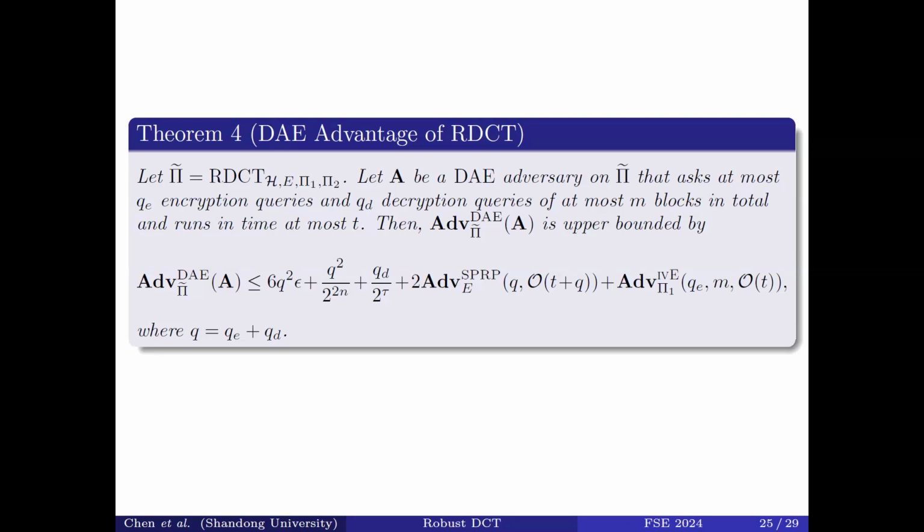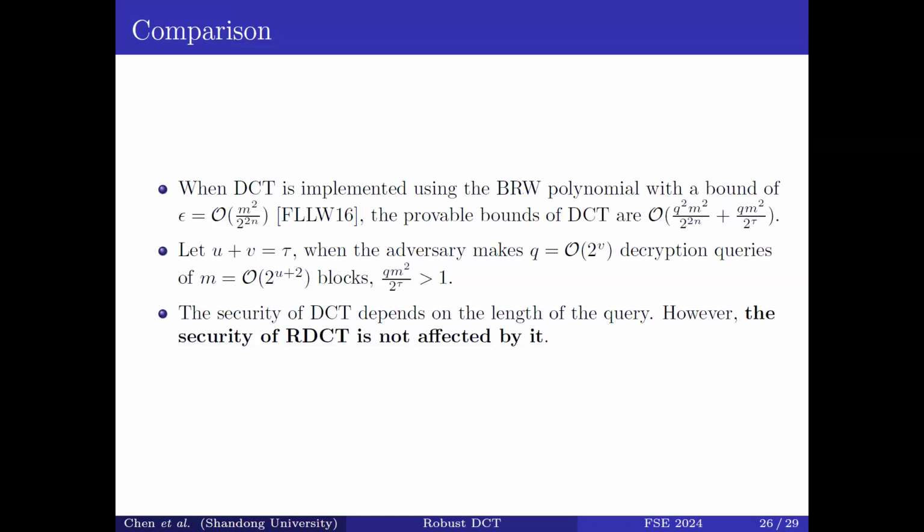We can find the third term of this bound is not affected by the message length, but the bound of DCT is actually affected by the message length. When we make Q decryption queries of M blocks, this bound will be greater than 1. So the security of RDCT is better than the DCT scheme.